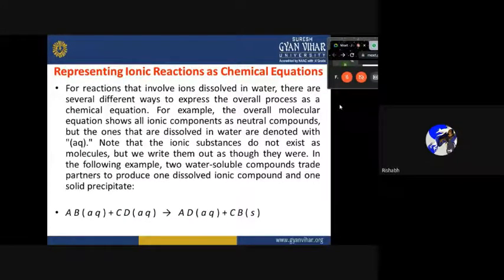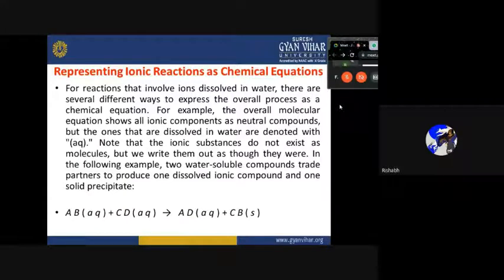For example, the overall molecular equation shows all ionic components as neutral compounds, but the ones dissolved in water are denoted with the symbol (aq) in brackets, denoting aqueous. Note that ionic substances do not exist as molecules, but we write them out as though they were.